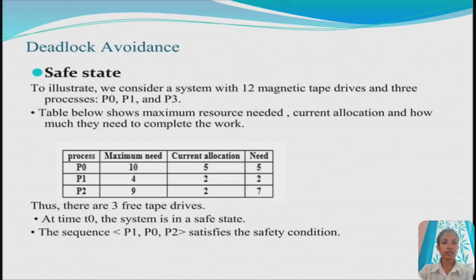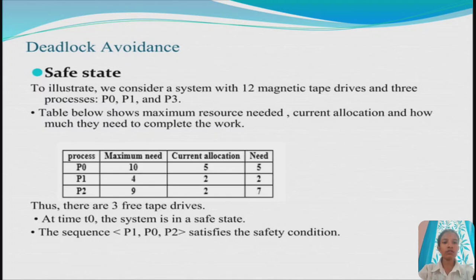Deadlock avoidance, safe state. To illustrate, we can consider a system with 12 magnetic tape drives and 3 processes P0, P1 and P2. The table below shows the maximum resources needed, current allocation, and how much they need to complete the work. Processes P0, P1, P2: maximum need 10, 4, 9; current allocation 5, 2, 2; need 5, 2, 7.